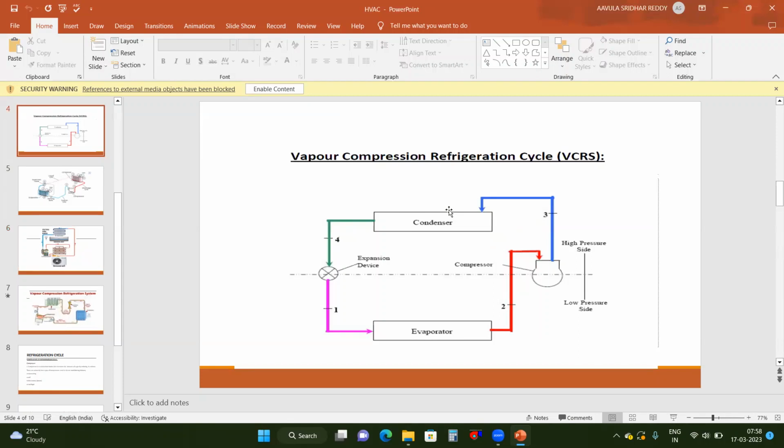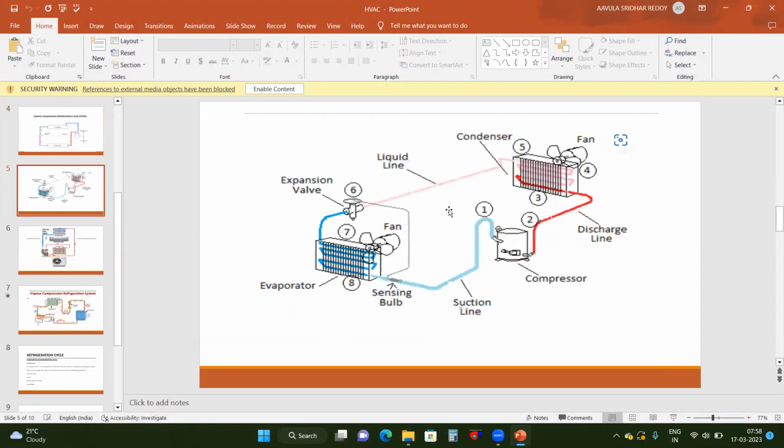Here we have the compressor, condenser, expansion, and evaporator. First the process will start from the compressor. You can see 1 to 2, 2 to 3, 3 to 4, and 5 till 8 is the evaporator.